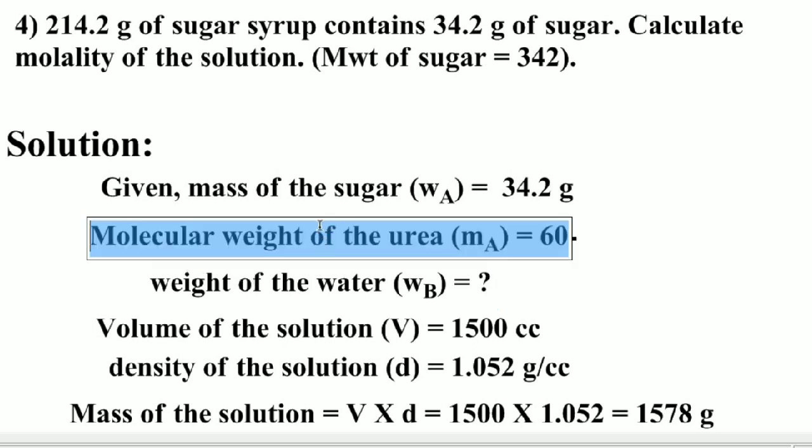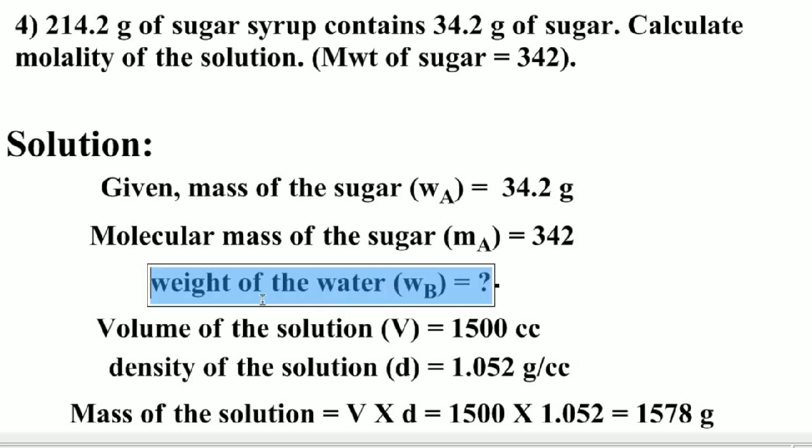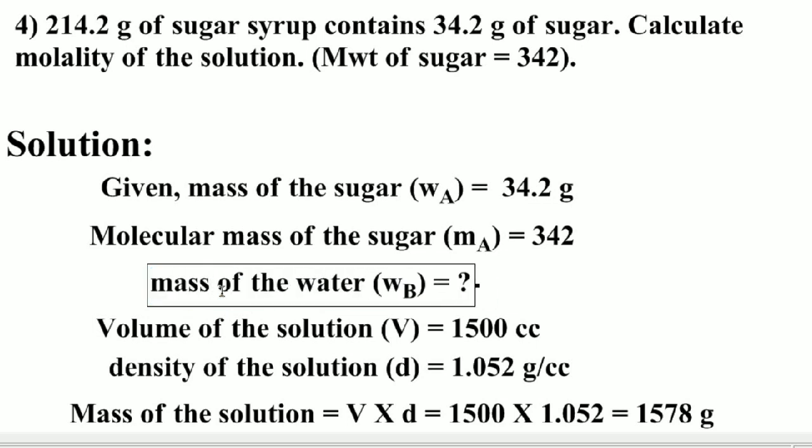The molecular mass of the sugar, MA, is given as 342 grams per mole. Similarly, here we should find the mass of the solvent, or mass of the water.